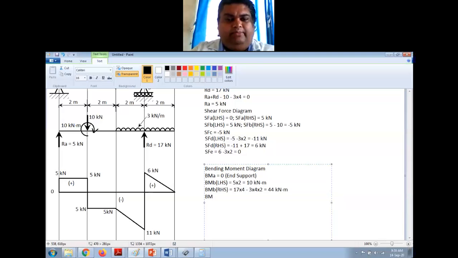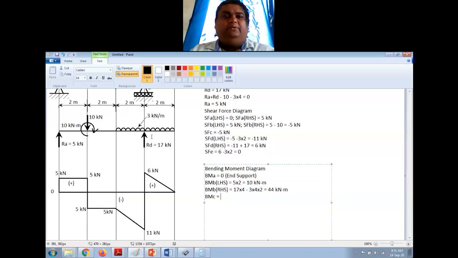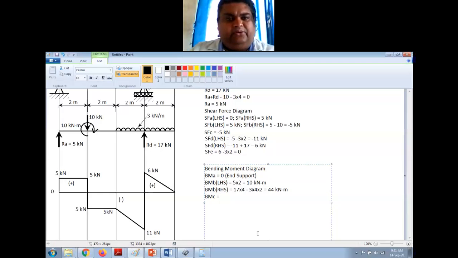So BMC is equal to, this is the point. So let us take the left side, because here I have UDL. Or this is also simple. I'll take the right side only. So this will be 17 into 2 minus 3 into 4.